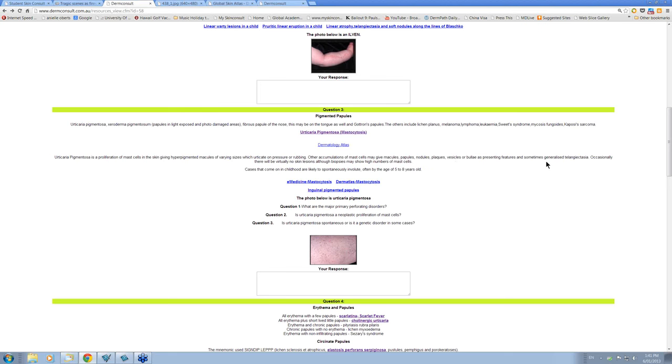And then there's this adult variant, TMEP, telangiectasia macularis eruptiva perstans. The TMEP variant gives us a telangiectatic hyperpigmented variant of mastocytosis. Occasionally there will be virtually no skin lesions, though biopsies may show high numbers of mast cells. It's difficult to do a biopsy for mast cells.